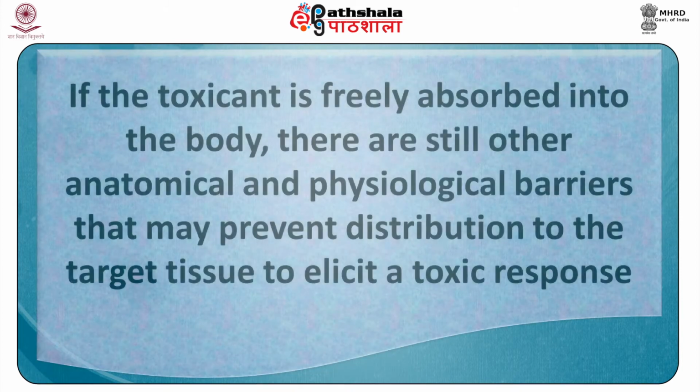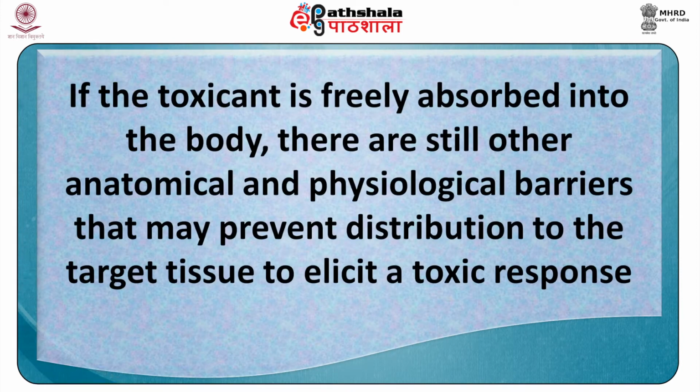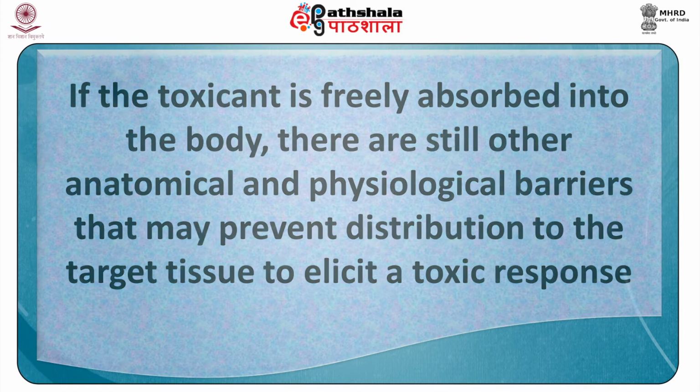However, if the toxicant is freely absorbed into the body, there are still other anatomical and physiological barriers that may prevent distribution to the target tissue to elicit a toxic response.